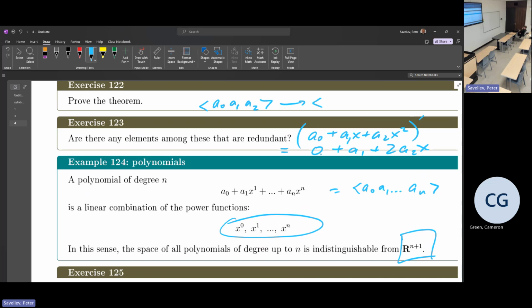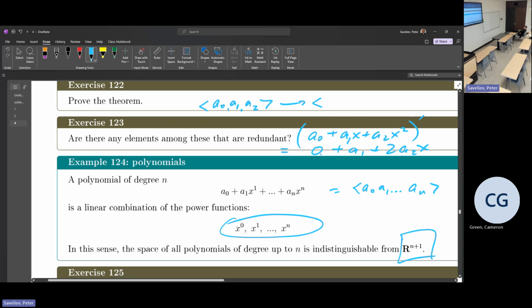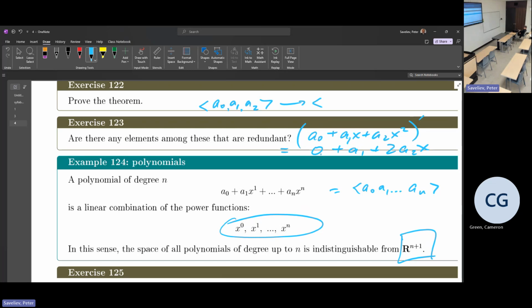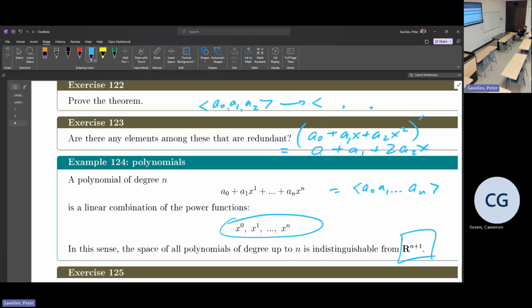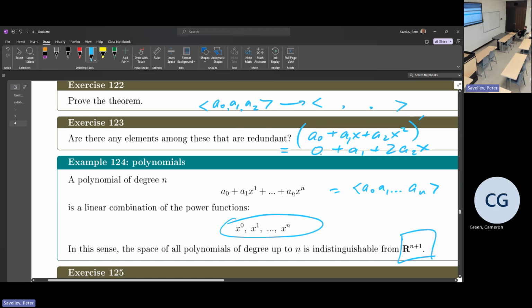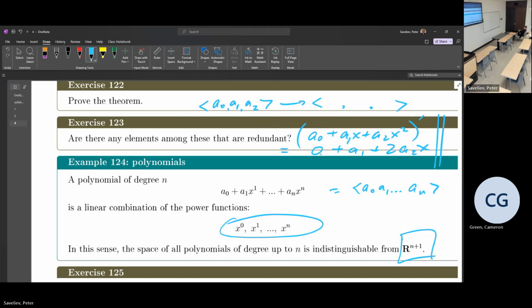Once again, the vector comes from a linear combination of powers. The first entry corresponds to the 0 power, the second to the first power, and the third to the second power. As we read this, what corresponds to the 0th power? 0 is 0, so it's just 0.